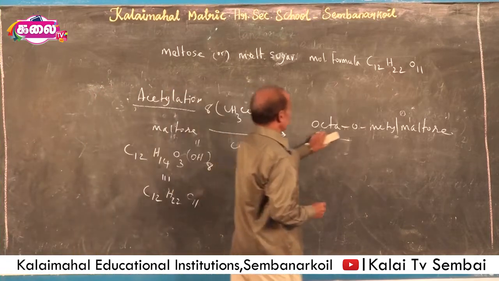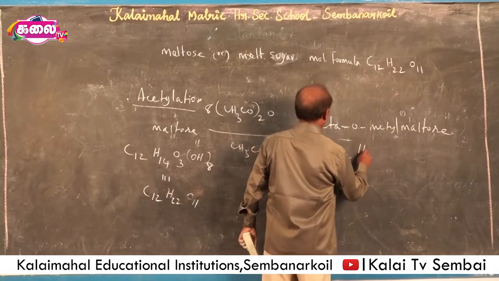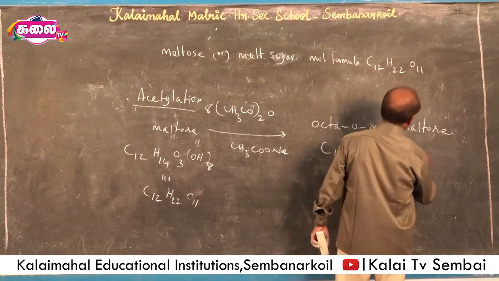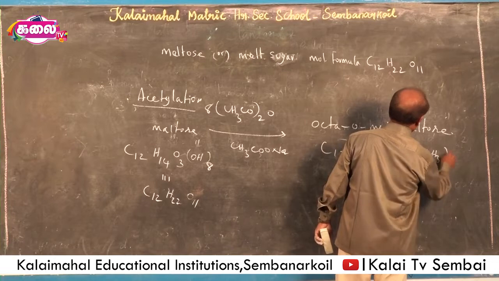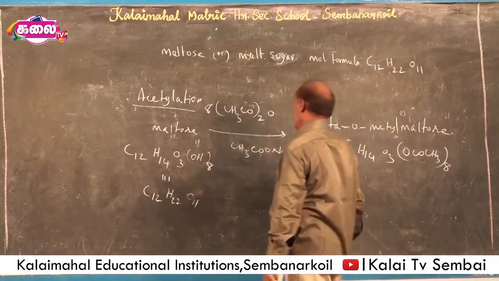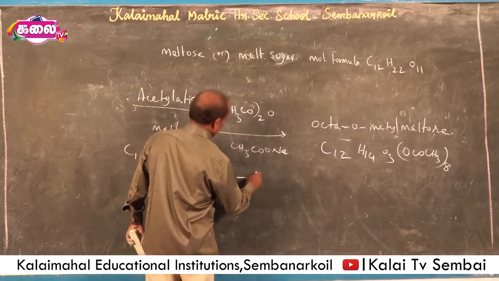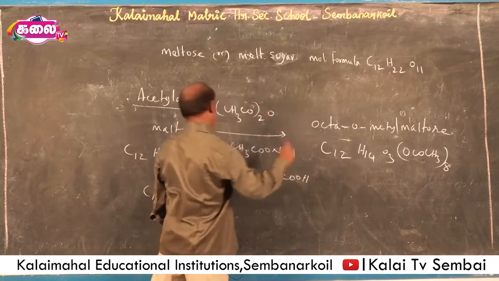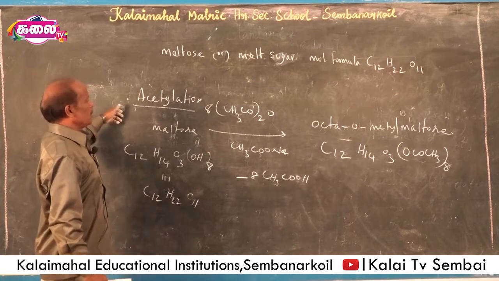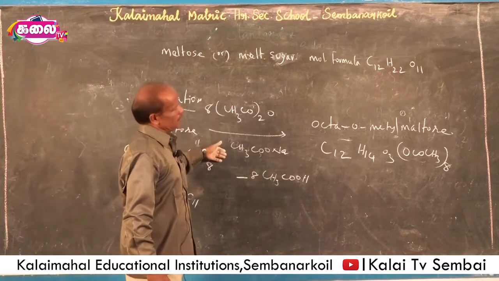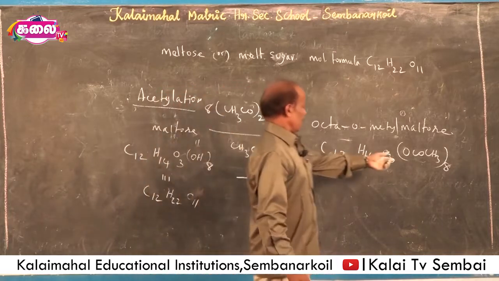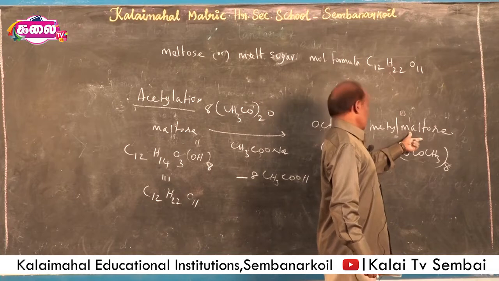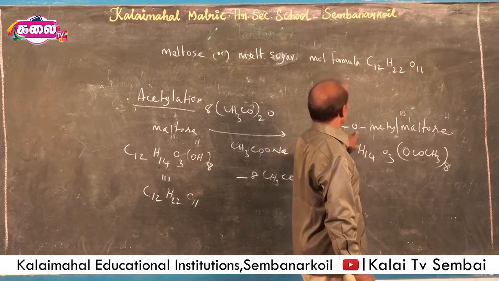Then we have C12H14O3(OCOCH3) 8 times, with the loss of 8 CH3COOH molecules. So maltose, when treated with acetic anhydride in presence of sodium acetate, gives octa-O-acetyl maltose, where O is nothing but the oxygen atom.